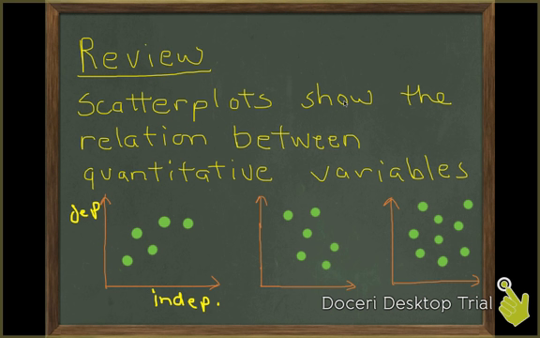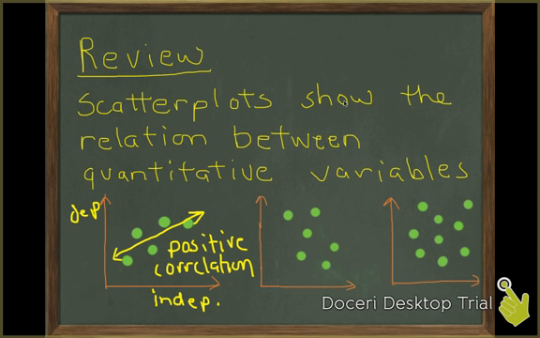If we look at these three graphs, it looks like two of them might have some kind of relation and the third one doesn't. The first graph, where the points look like they're going uphill, has a positive correlation.